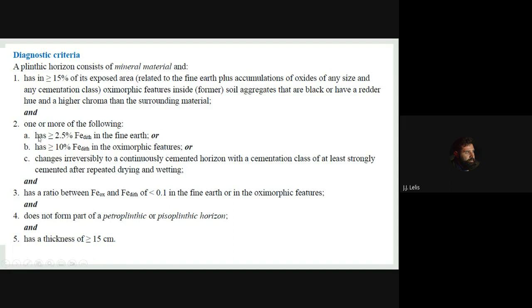And you can see that in these oxymorphic features where iron should be concentrated, you should find a higher content in comparison with the fine earth in the areas where we don't have a concentration of iron, of course.